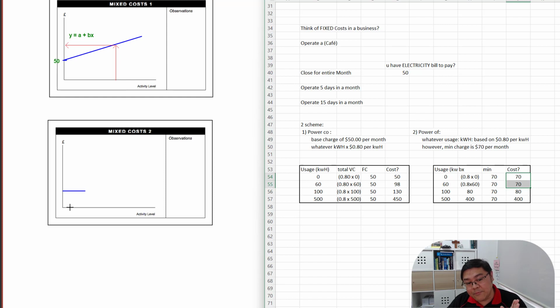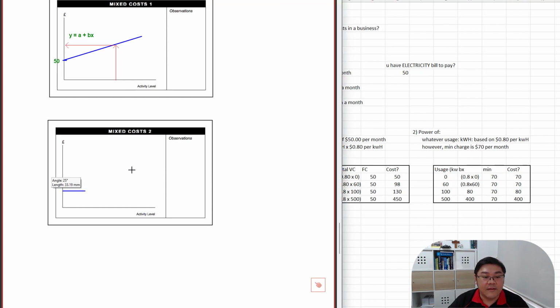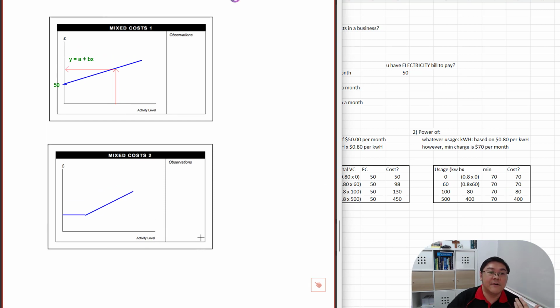Up to a certain point, you will still be paying 70. But once you hit above that, you realize that the variable rate will actually be higher. So for every increase in the volume, the cost goes up. So you will start to see that it goes in this manner. So that is just a different variation of mixed cost.